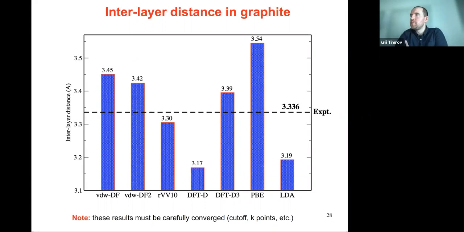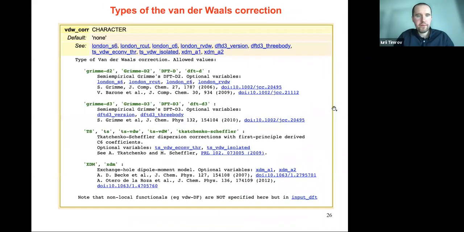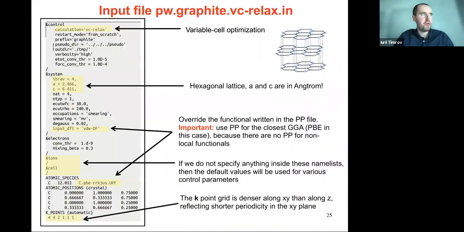Okay, I know it was explained, but in case of HSE functional, which pseudopotential is best to choose? So I would recommend to use pseudopotentials from the SSP library, but all of them are ultrasoft and projector augmented wave.